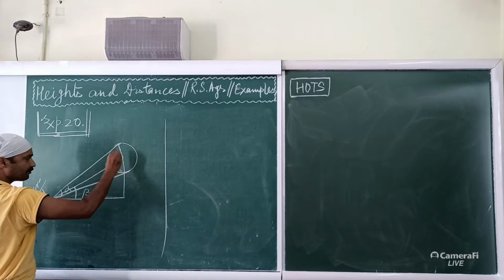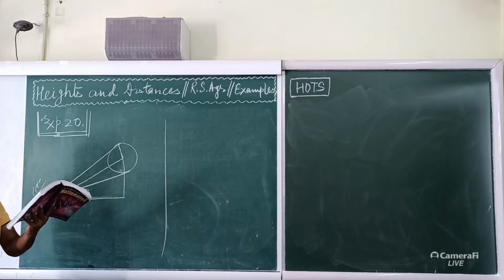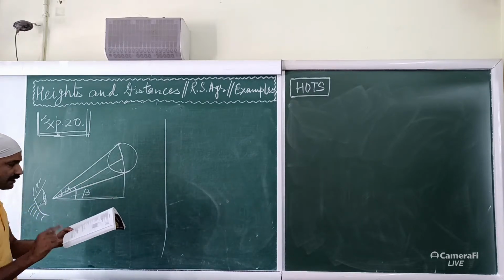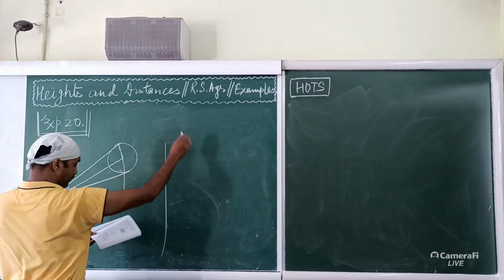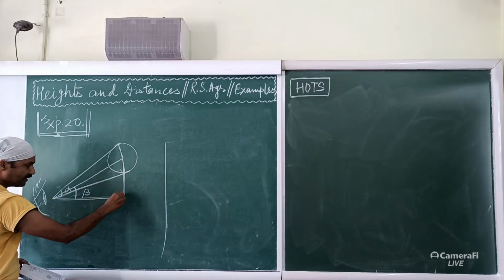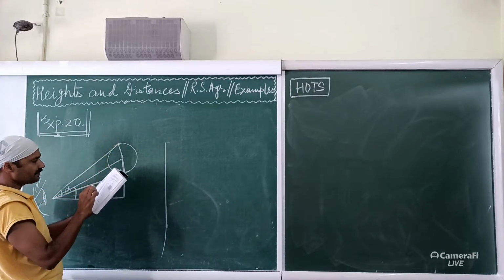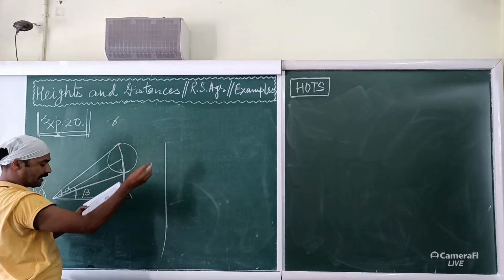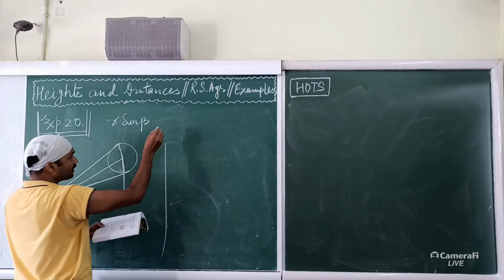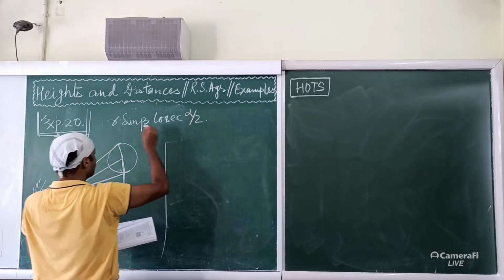Now join this also. Clear? And it is asking us to prove that the height of the center of the balloon is this. We have to prove this height is r sin beta cosec alpha by 2.